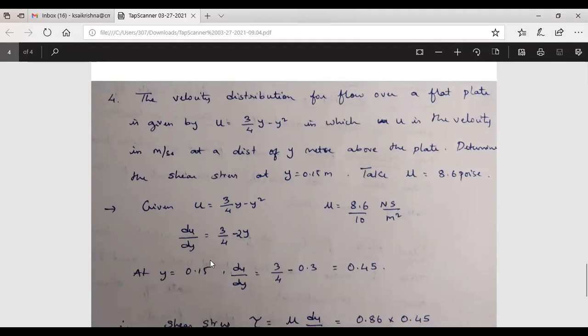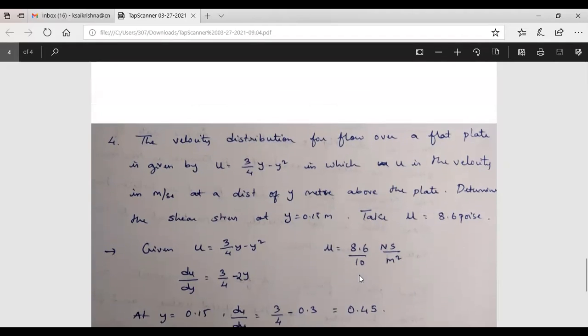So at y equal to 0.15, you have to find the du by dy value equal to 3 by 4 minus 2 into this value, 0.15. I wrote here directly 2 into 0.15. That is 0.3. Next you will get 3 by 4 minus 0.3, that becomes 0.45.